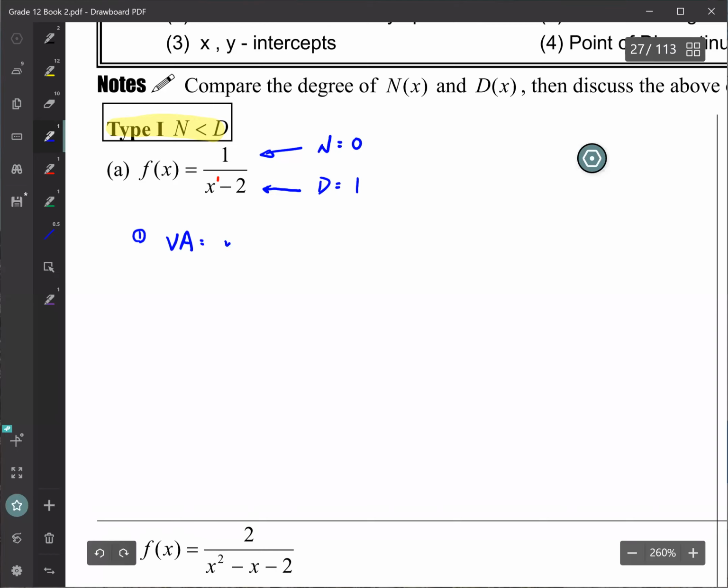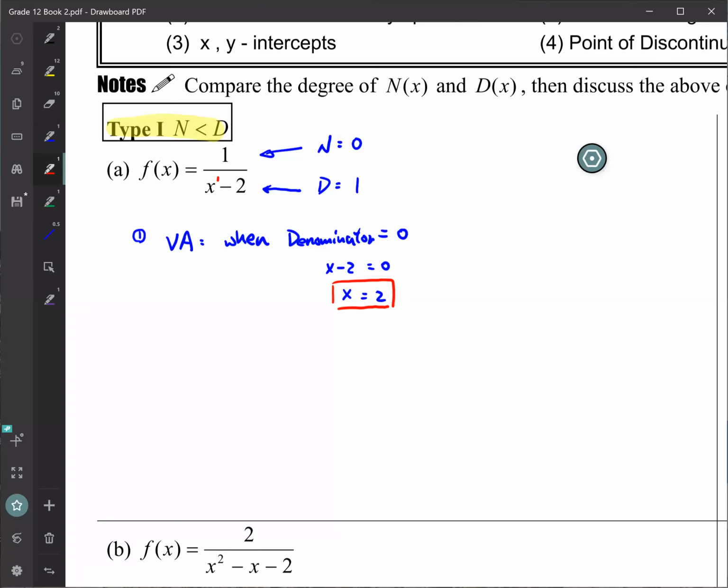So when the denominator equals 0. The denominator here is x minus 2, so you put x minus 2 equal to 0 and solve for x, so x equals 2. That will be the equation of the vertical asymptote.